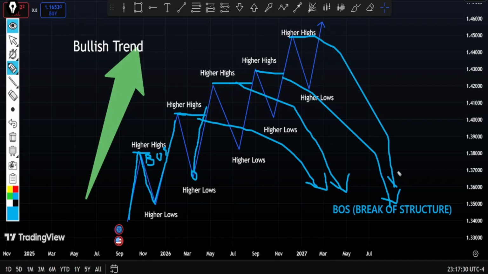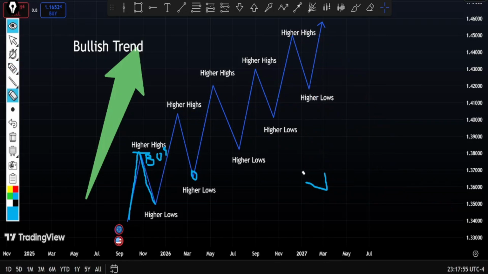Now it's the same thing for the bearish trend, and I will show you that. So let's go to the bearish structure. The bearish structure is a downtrend, and price forms lower lows and lower highs.